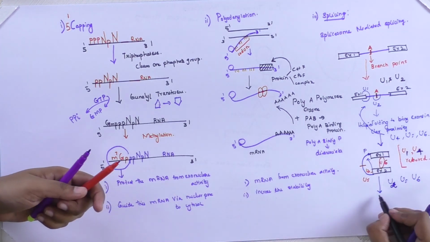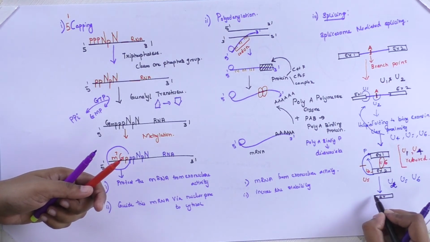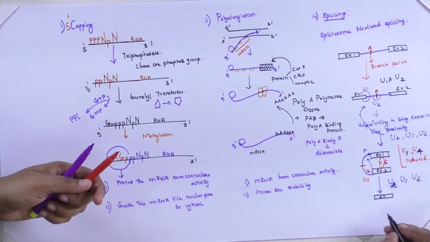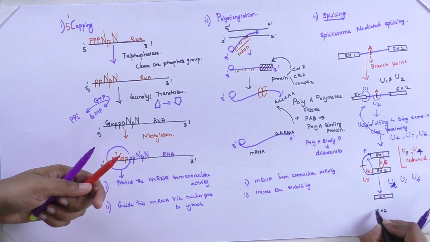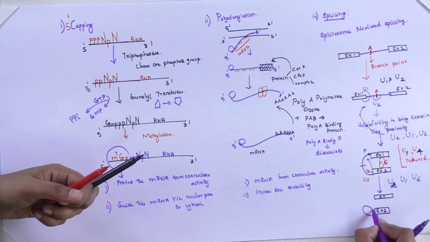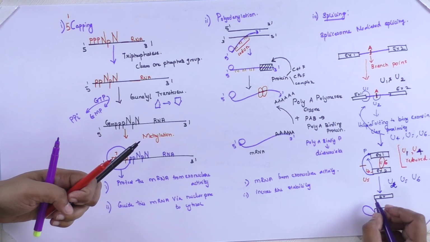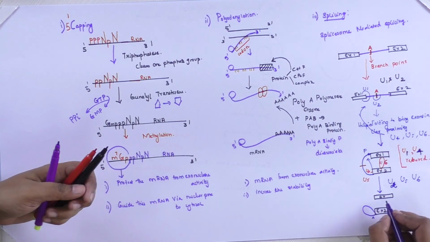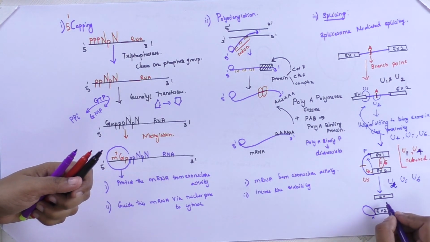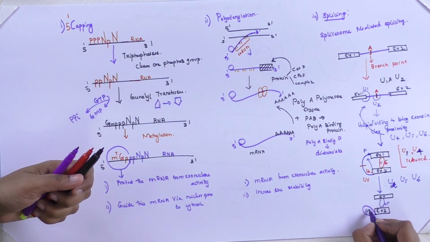So what happens, you will have an exon here. Because of the phosphate attack, there is nothing here, and you will have an exon 2 molecule here, and here you will have a small piece of intron with the A, and also U5 and U6.